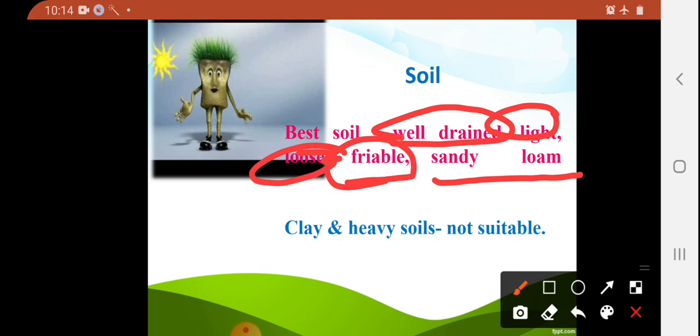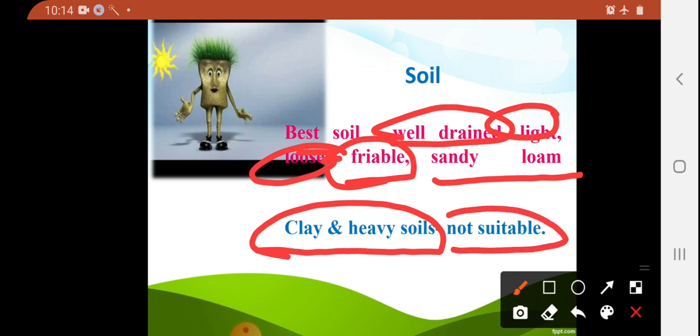Yes, we can cultivate this groundnut on clay or heavy soils also, but these kinds of soils are not suitable. Why? Because at the time of harvesting, these soils create difficulty for harvesting of this crop. When we pull the plant, the majority of pods may remain there in the field, in the soil. And most important, these clay or heavy soils create difficulty for insertion of pegs into the soil.